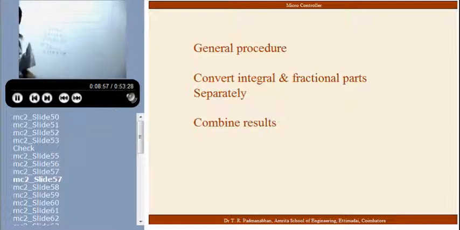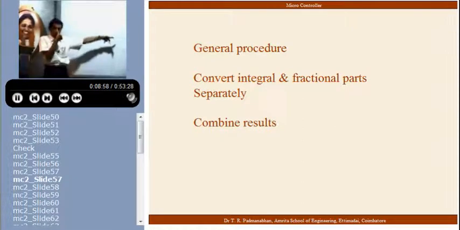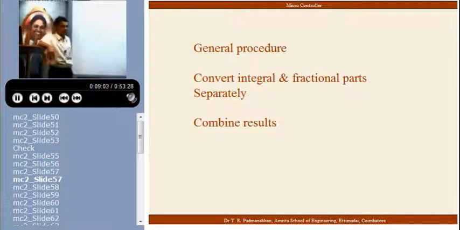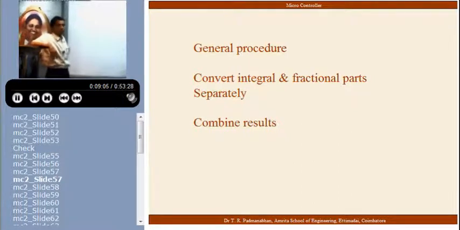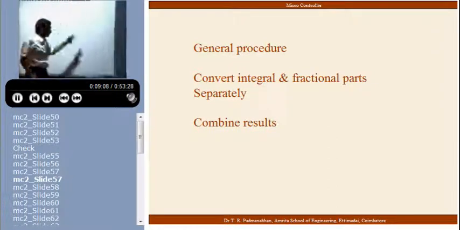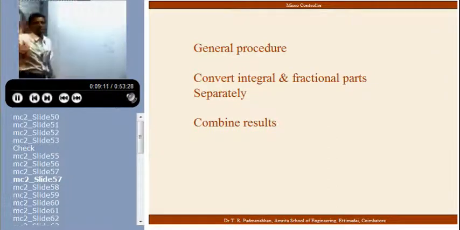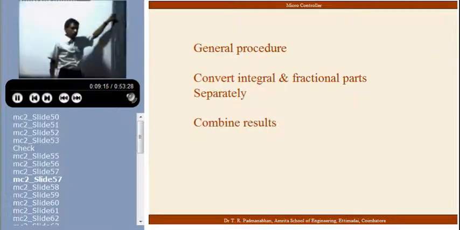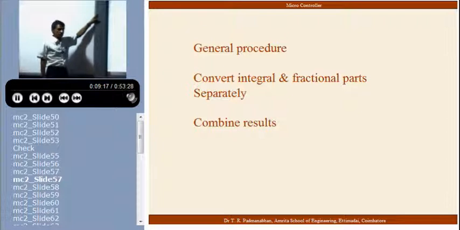Just see the accuracy. It will build up accuracy if we continue for one or two more bits. Yes, you have to put one or two more ones, then you may get closer to that. See, it is like this. With every bit you are only adding the value. It is not subtracting.